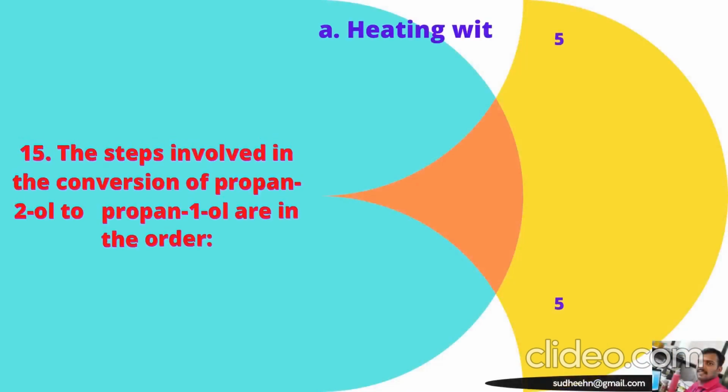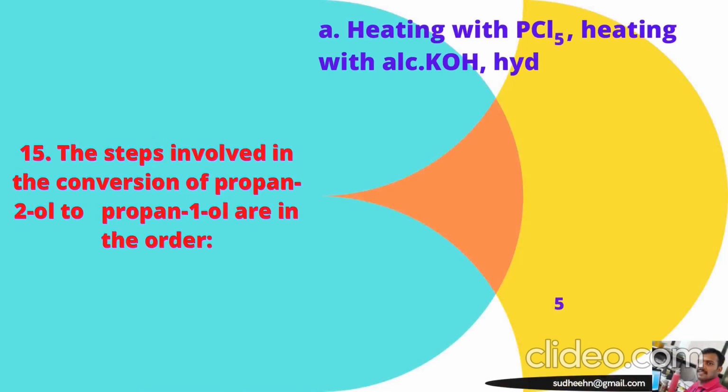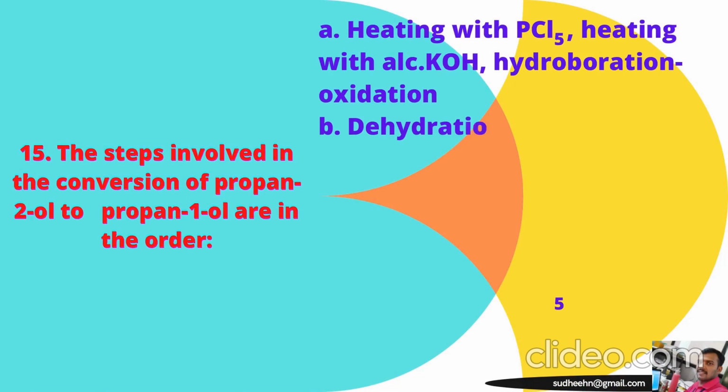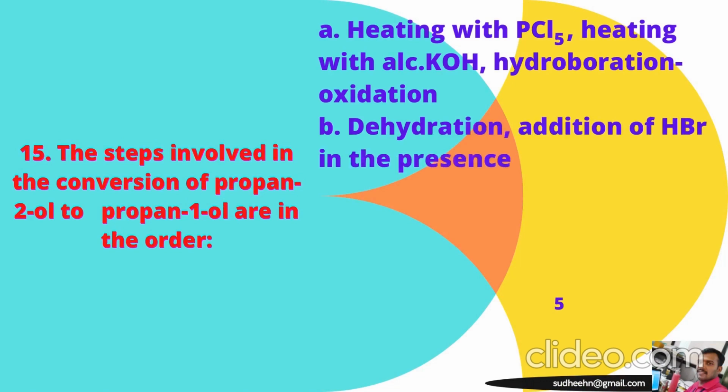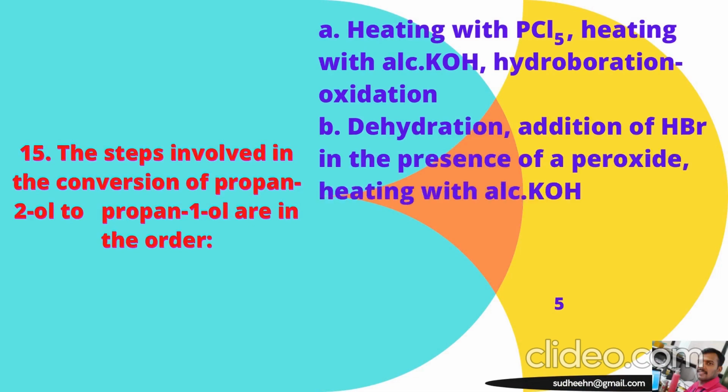Question number 15. The steps involved in the conversion of propene to propanol are in the order. Option A, heating with phosphorus pentachloride, that is PCl5, heating with alcoholic KOH, hydroboration, oxidation.